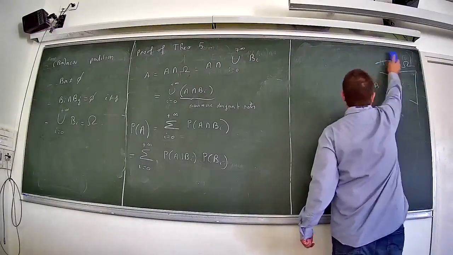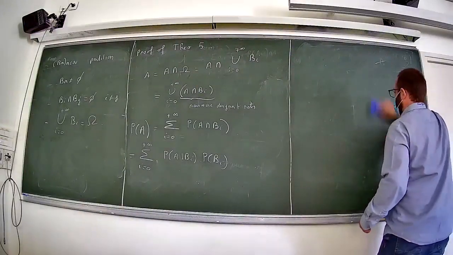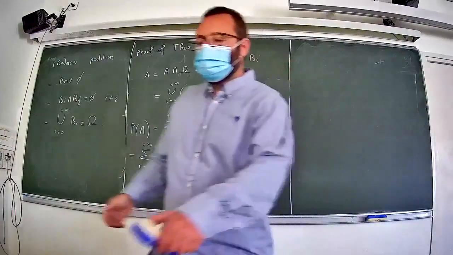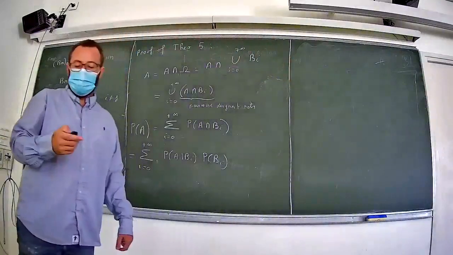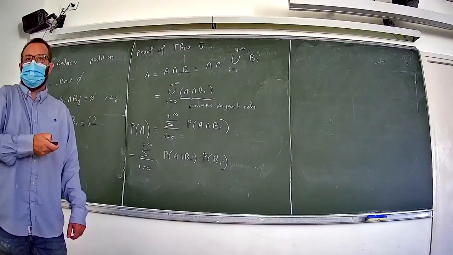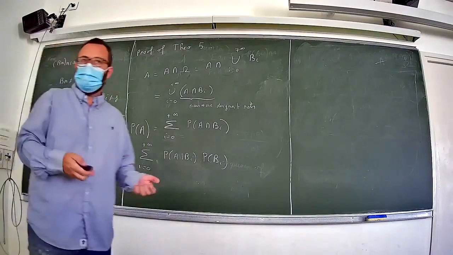That is a typical example where you have to use this kind of formula. But of course, if you want to use the law of total probability, you need to have a partition somewhere, for sure. Or you can't.